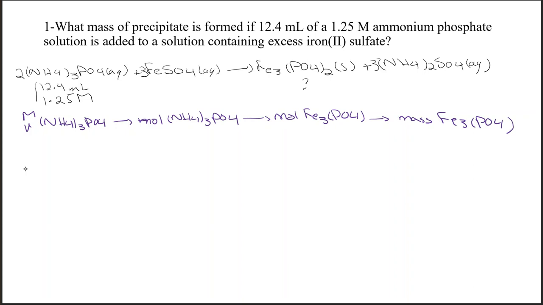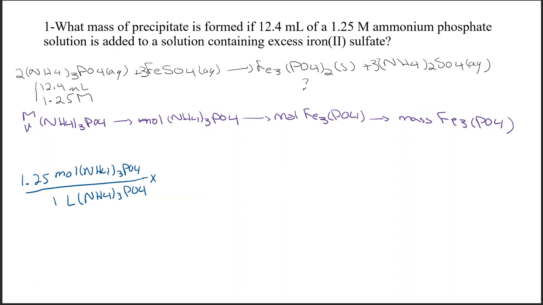So let's start. Our solution is 1.25 molar. So we have 1.25 moles of ammonium phosphate per 1 liter of solution of ammonium phosphate. Now to get the number of moles, we need to multiply this by the volume of ammonium phosphate.